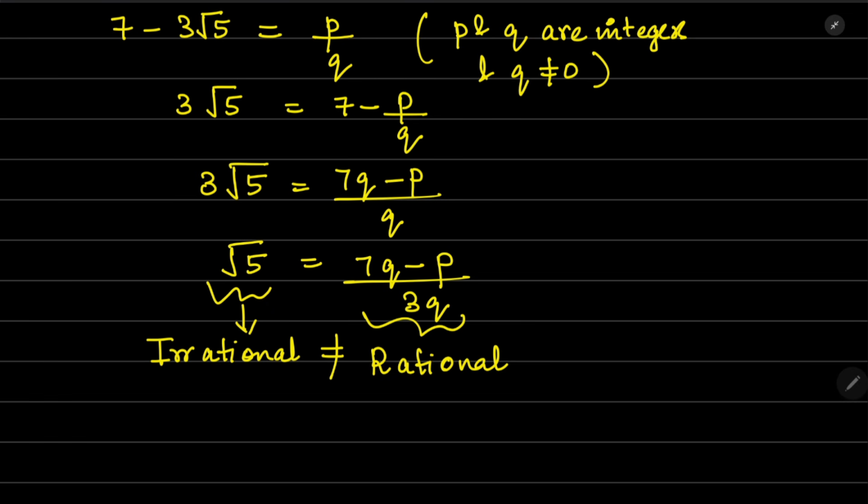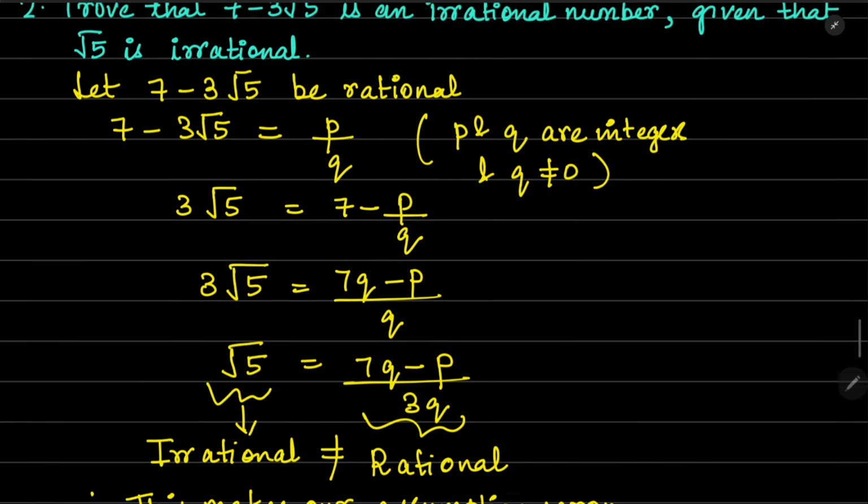You have to definitely write the statement that, therefore, this makes our assumption wrong. What we assumed was wrong. What did we assume?